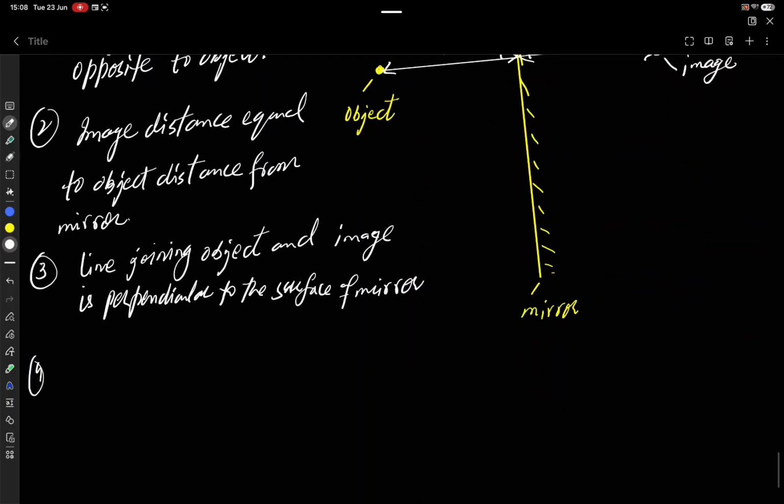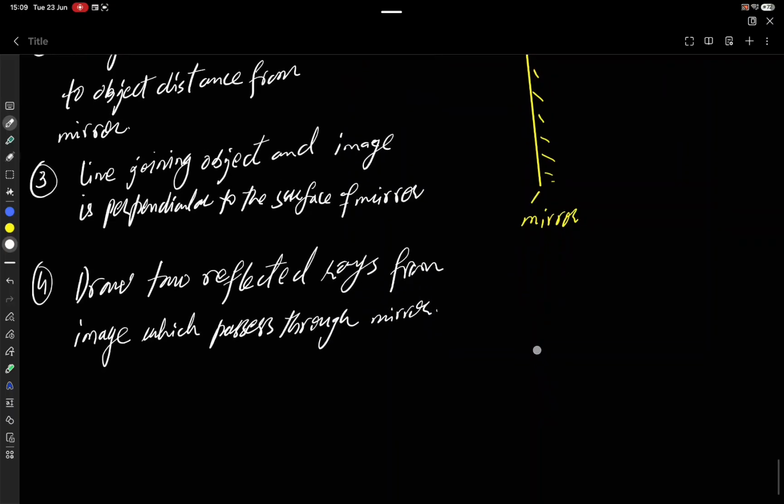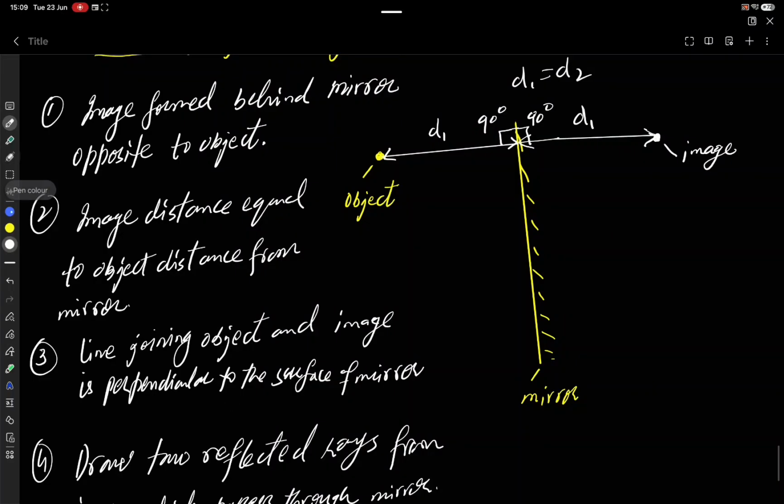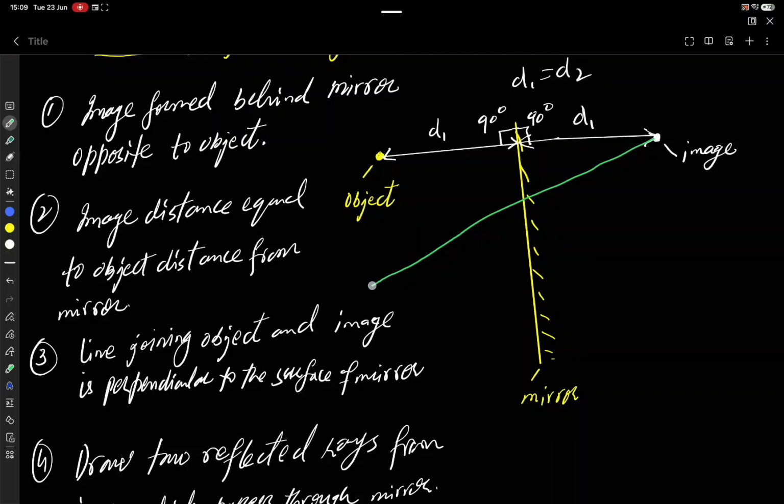The fourth step, draw two reflected rays from the mirror which pass through the image behind the mirror.